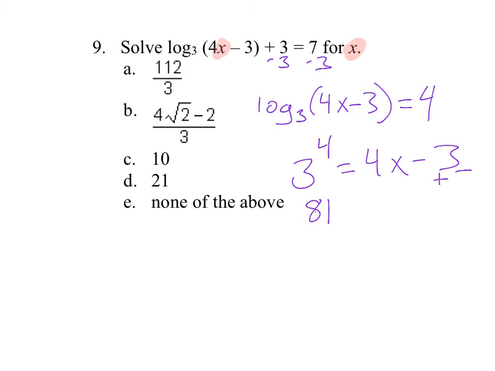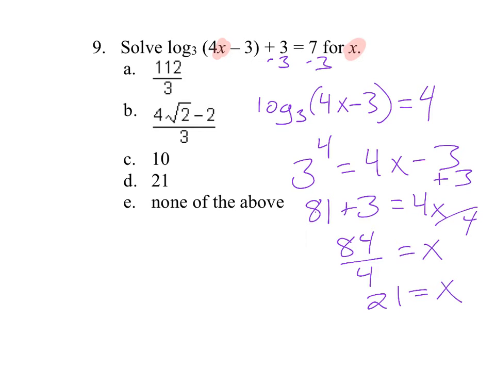I'm going to add 3 to both sides, and I'm left with 4x. Well, now I have 84, and I'm going to divide both sides by 4 to give me x. Well, half of 84 is 42, half of that is 21, so 21 is x. So my answer is D.